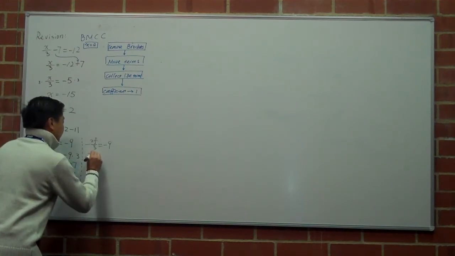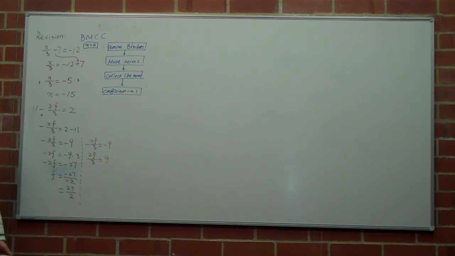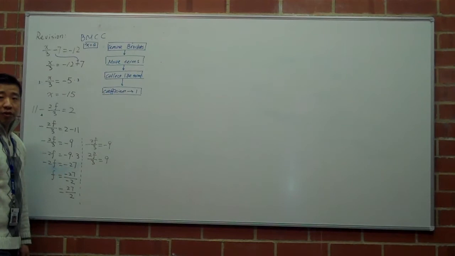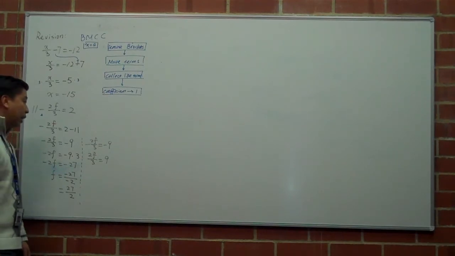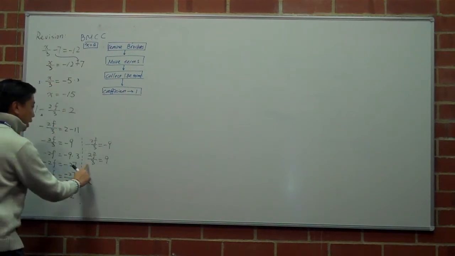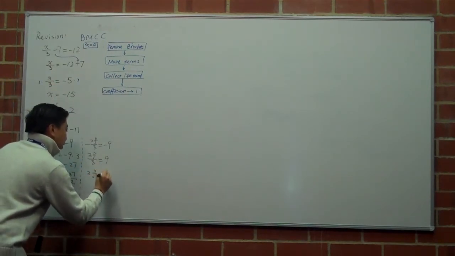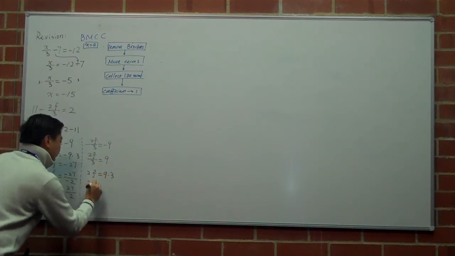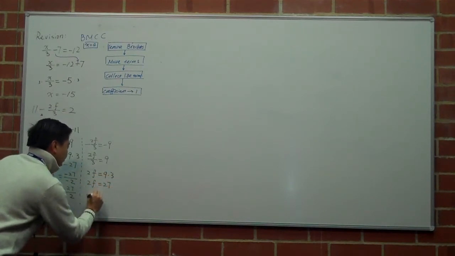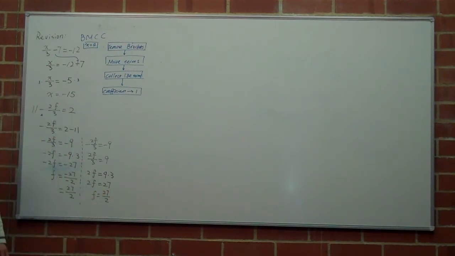So that will be 2f over 3 equals 9. You see, that will be easier because you don't have to think of the negative sign. And then we follow whatever we have done here. So we times 3 on both sides. So that will be 2f equals 9 times 3. So 2f equals 27. f equals 27 over 2. Good.